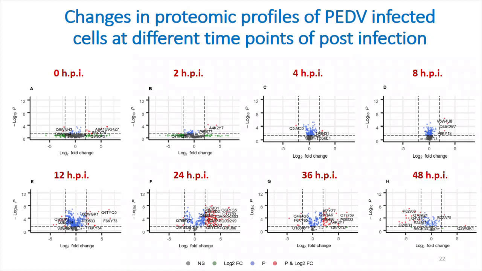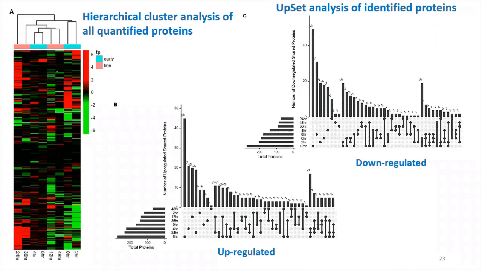At different time points, we analyzed the proteomic profiles, and now, I can say, we're massaging this data, trying to find meaningful results. And for example, on this cluster analysis, you can see that a group of proteins, and it is logical, which are close from a time point of view, show similar patterns.